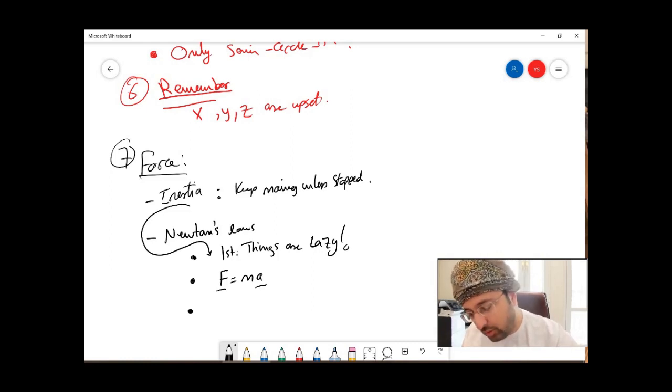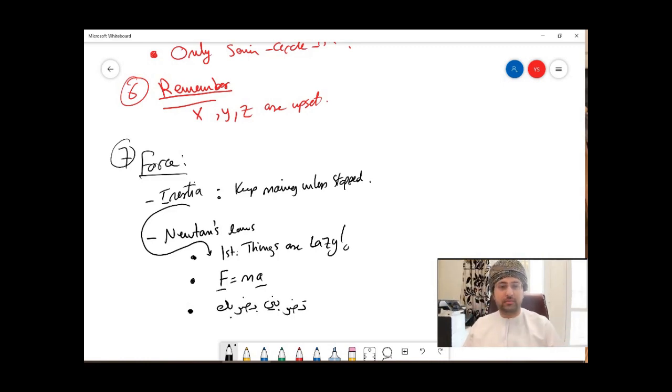And the third one is what I call the universal law of "you hit me, I'll hit you back." The third law says any action has an equal and opposite reaction.